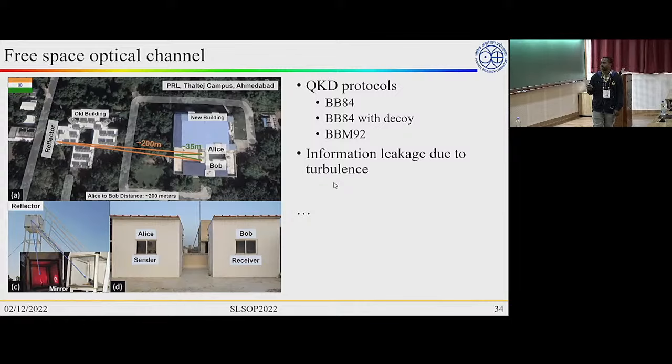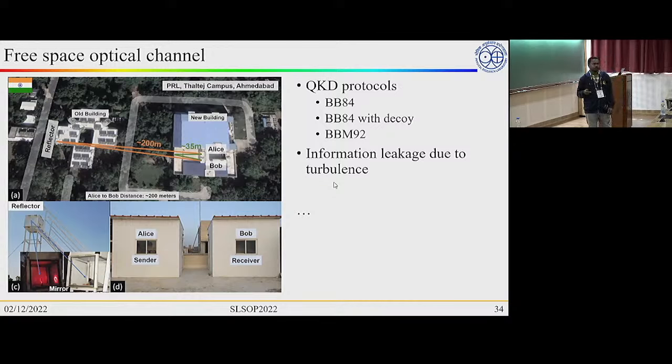Last year we did the BB84 protocol and the BBM92 QKD protocol. These experiments are being done at night, and we plan to go with BB84 with the decoy protocol. Experiments are going on with this channel.